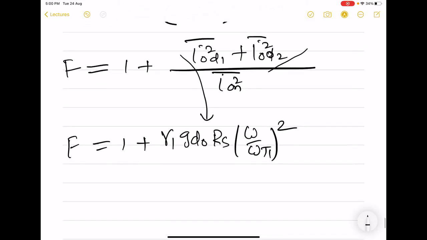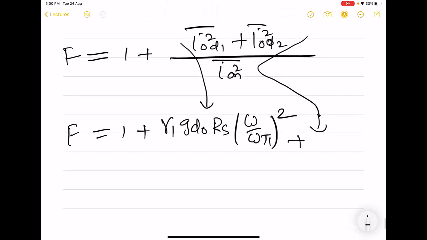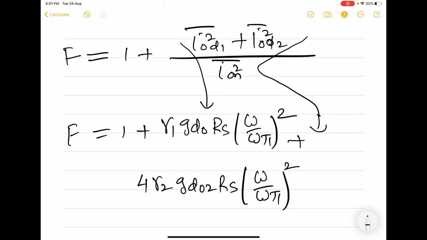Now the second term is going to give rise to this expression, 4 gamma 2 GD02 RS, omega by omega T1 whole square and omega by omega T2 whole square.